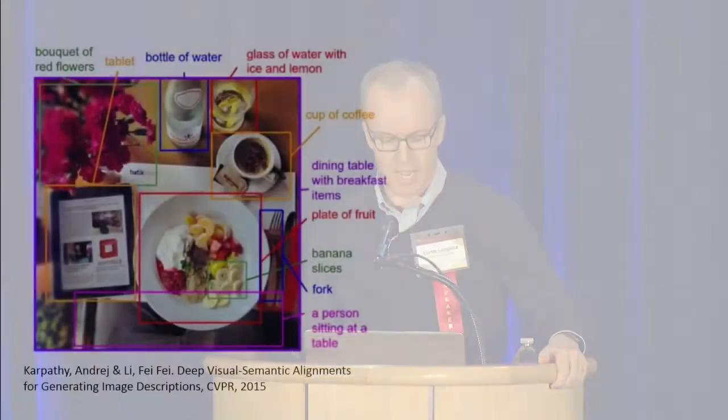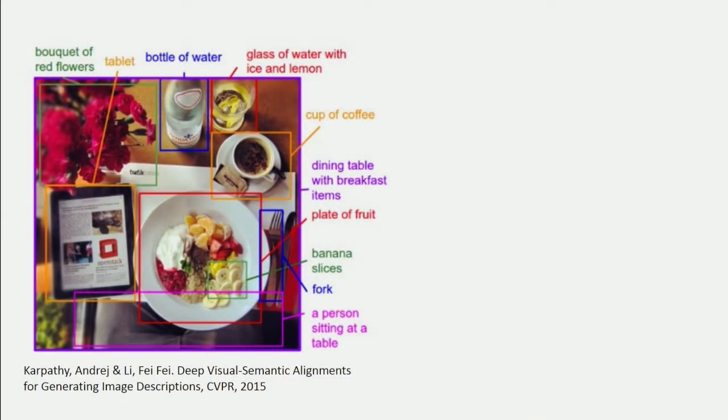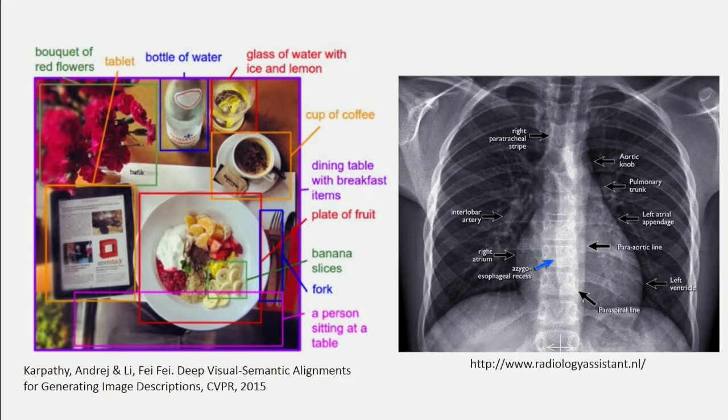This is Fei-Fei Li's lab doing this automated captioning of images: a bottle of water, cup of coffee, plate of fruit. That's really what we do. We look at images, we describe the various aspects of those medical images and create either a narrative or a set of structured reports.